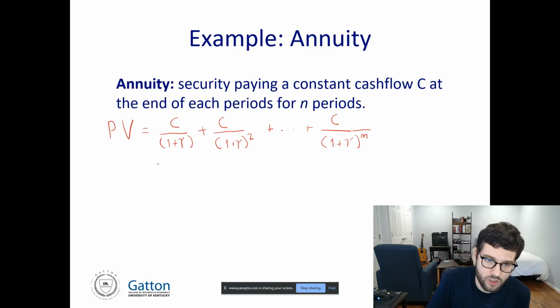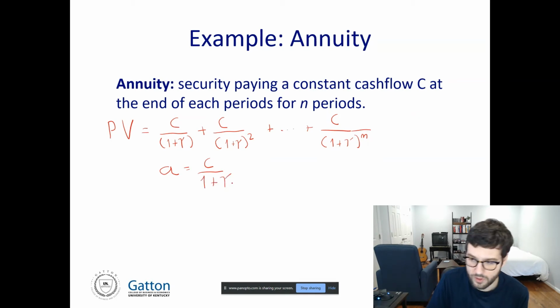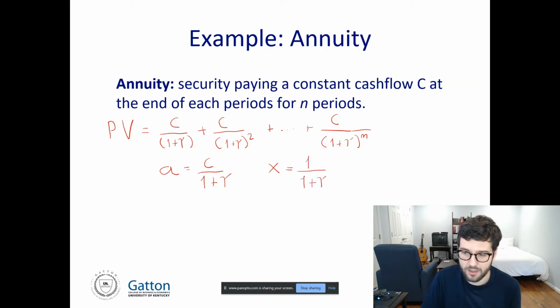And in this geometric progression, the first term, which I'm going to call A, is equal to C over 1 plus R. And X, which is basically the growth rate of the terms in this geometric progression, is going to be 1 over 1 plus R. As you can see, each term in this progression is equal to the previous term multiplied by this number X here.